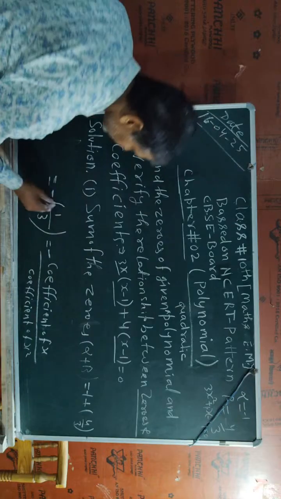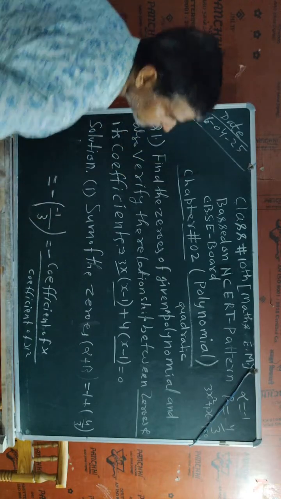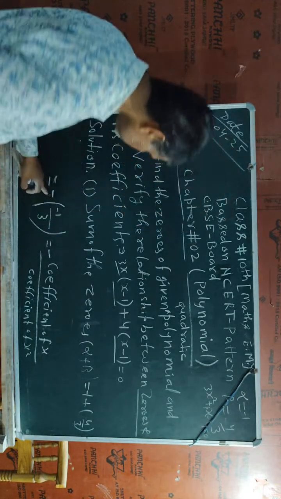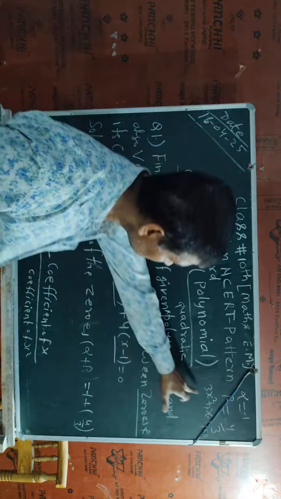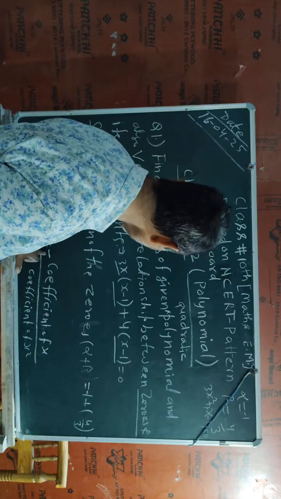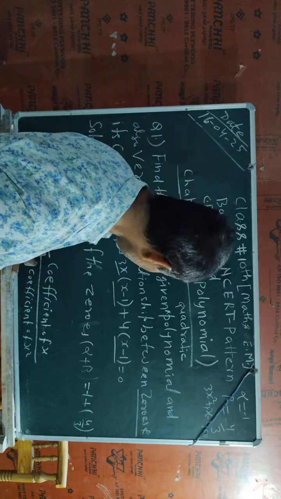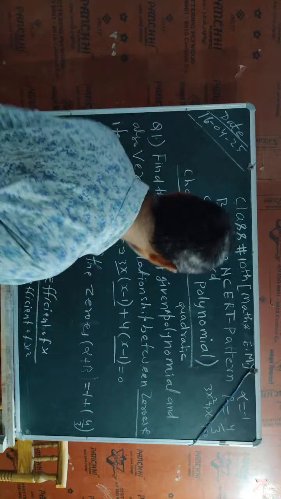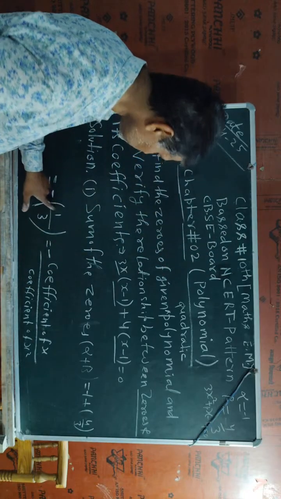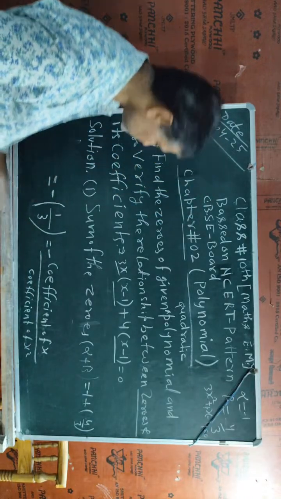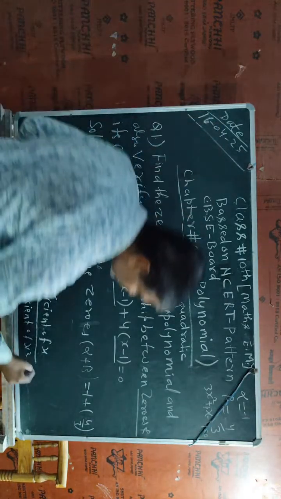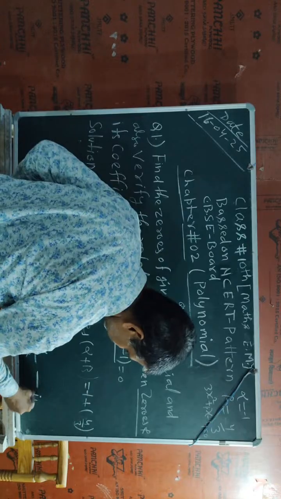Here I will put minus x. So this minus and this minus will be plus, because the coefficient of x is 1. So here coefficient of x divided by coefficient of x square. So I will say this is the information number 1.